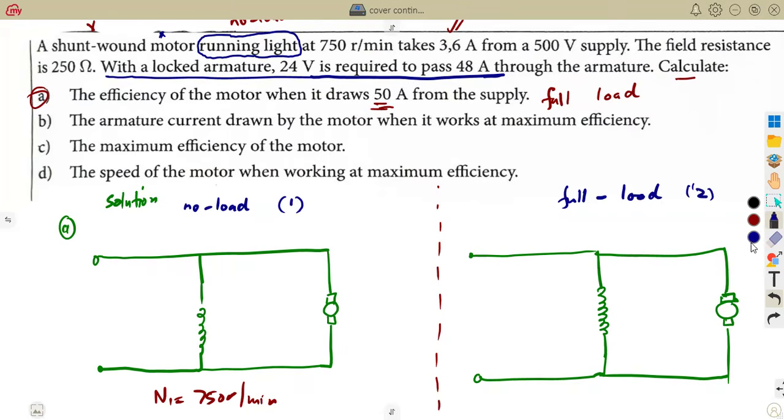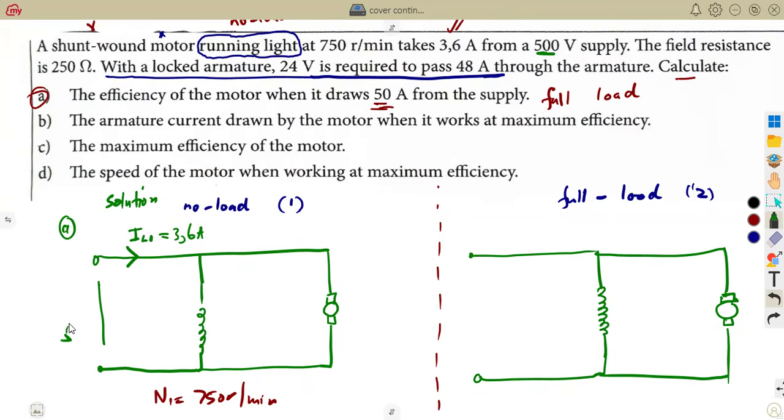Meaning the current that you are given is the load current. Remember, the motor takes in the current. So this is the no load current that we have, so you're just going to use 1. This is equal to 3.6 amps from a 500 volt supply. So the voltage is 500.